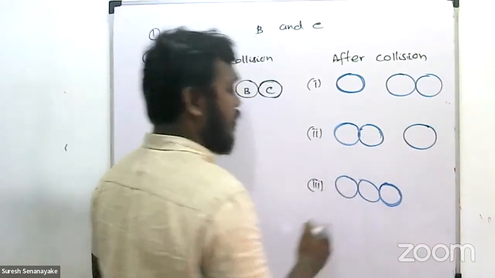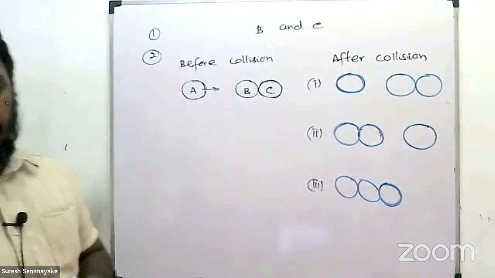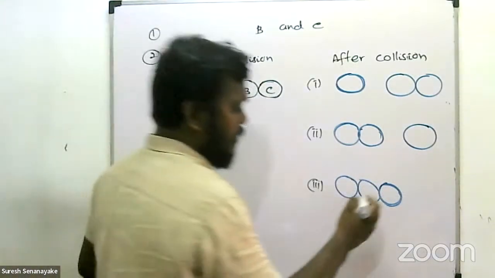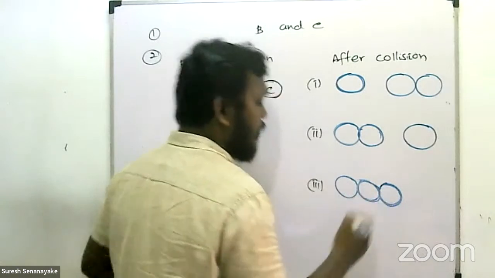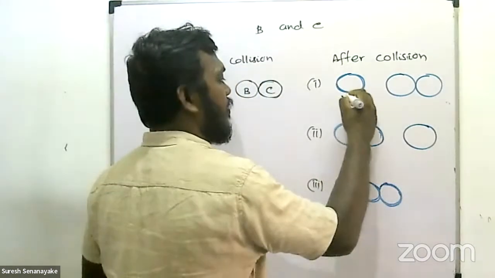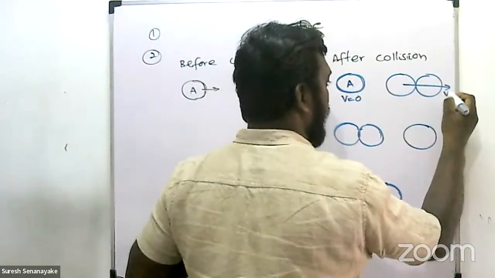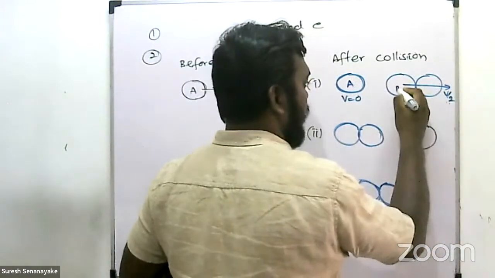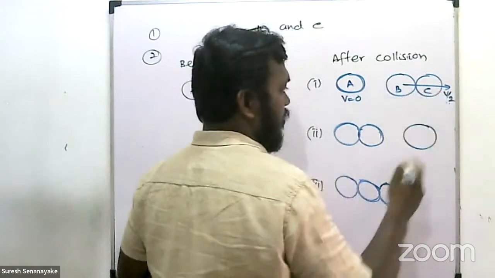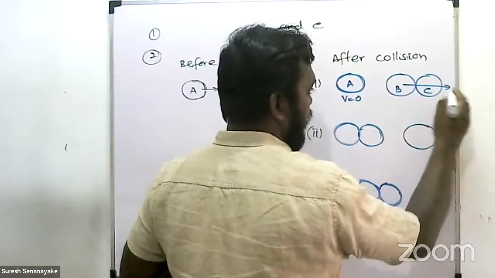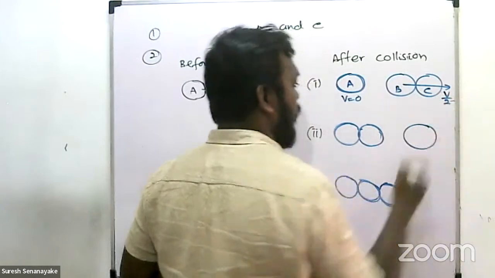These are the 3 cases. In the first case, A stops, and both B and C move with velocity V over 2, V divided by 2.